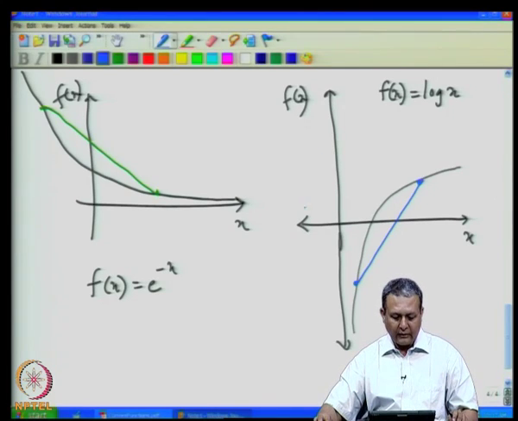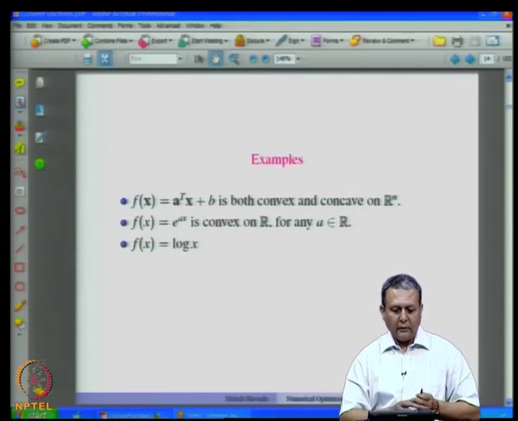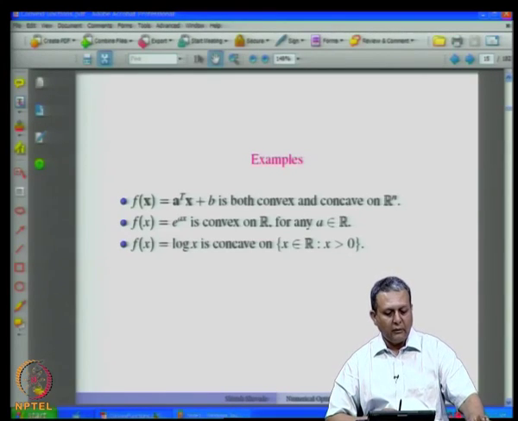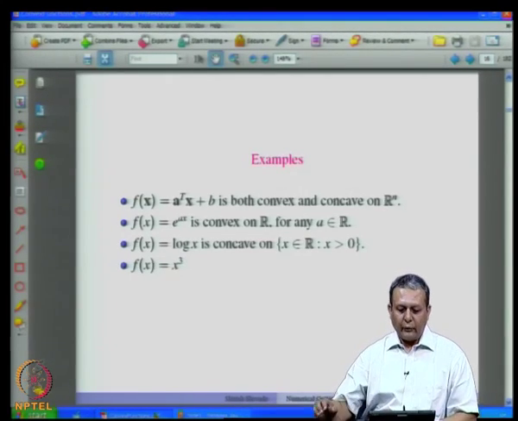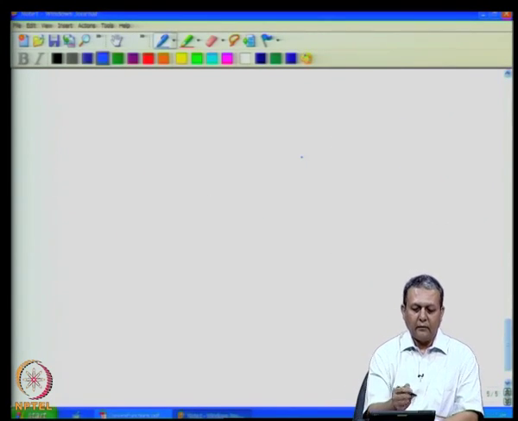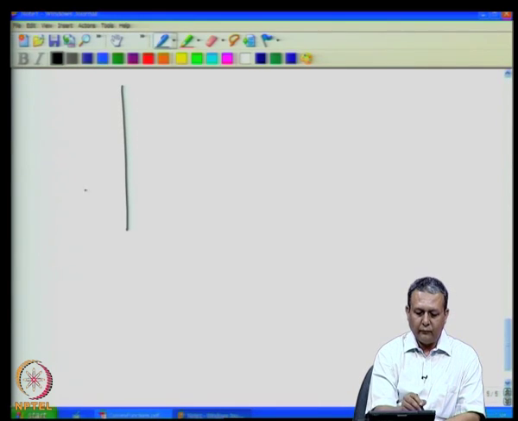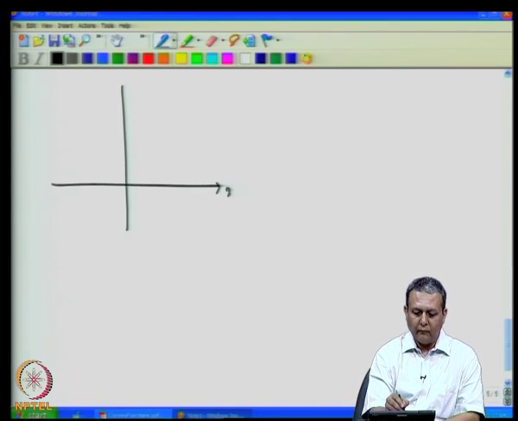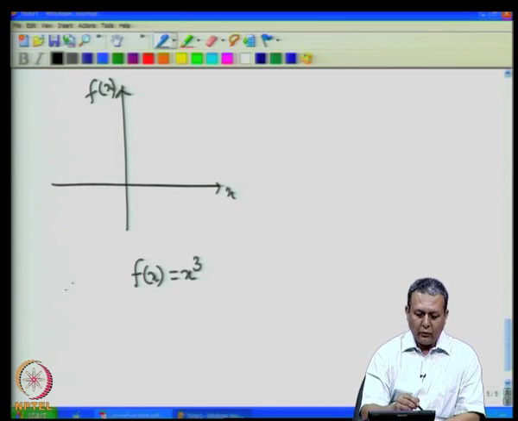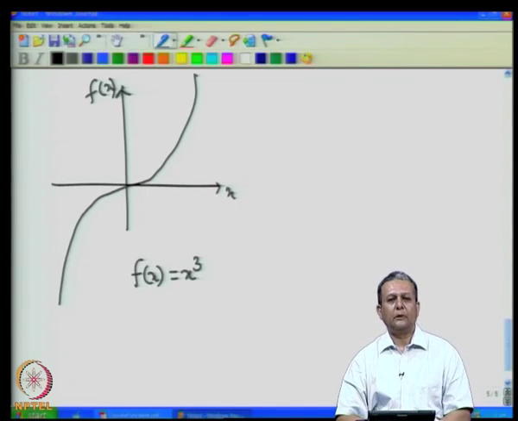So, let us look at some other examples. f(x) equal to log x is a case of a concave function on the set of positive real numbers. Now, if we take the function f(x) equal to x cube and try to draw the graph of the function, you will see that it is somewhat like this.